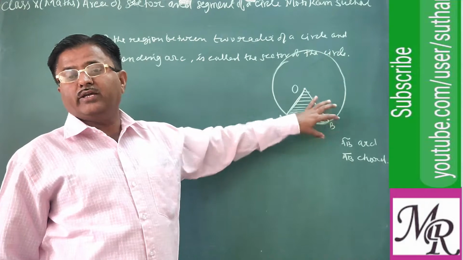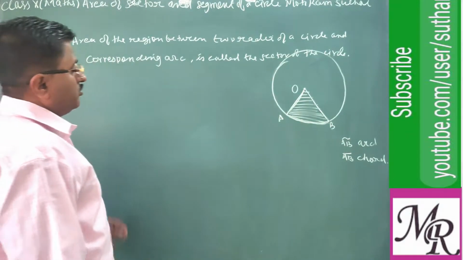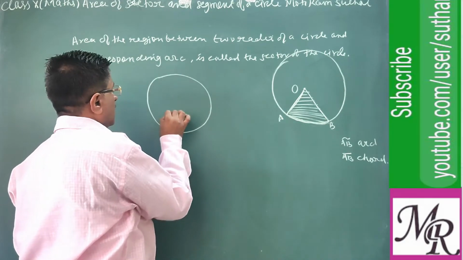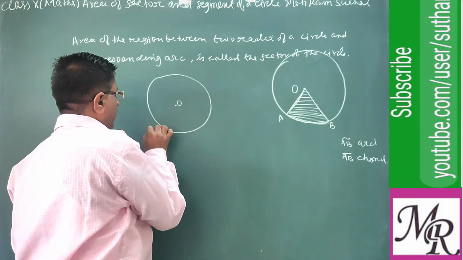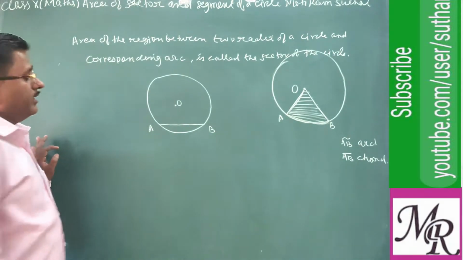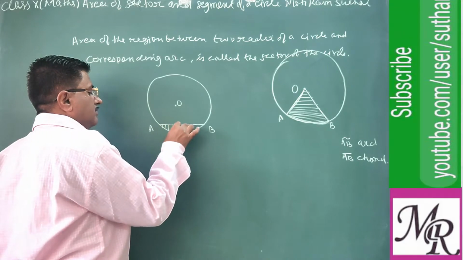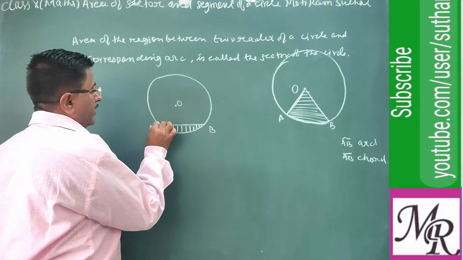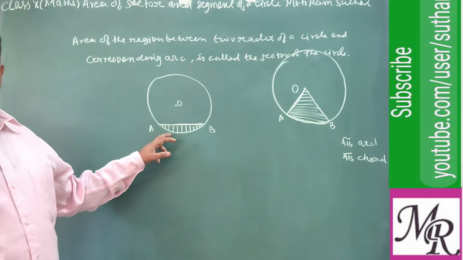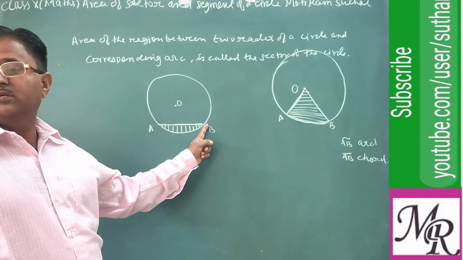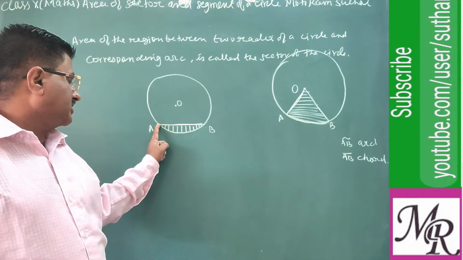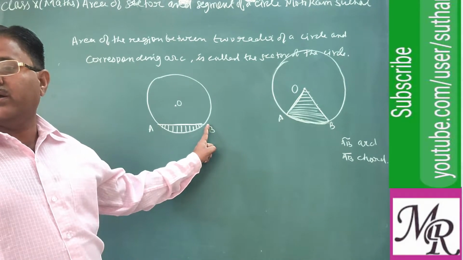Now we want to find the area of this region. Similarly, if you see this circle, and we take two points and join them, then there is a region between the chord, that is this straight line AB. The straight line AB, the direct distance between these two points, is known as the chord. When you move on the boundary and measure the distance AB, that is known as the arc.